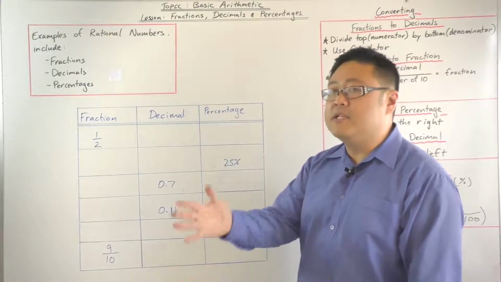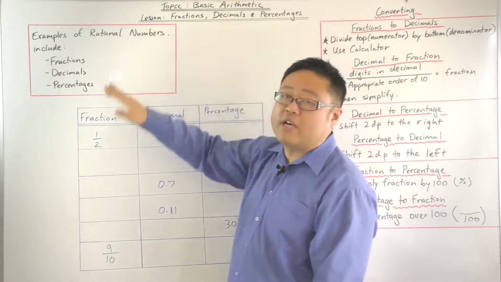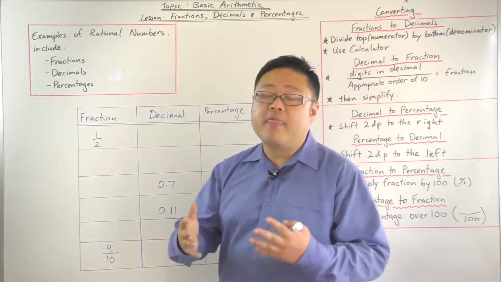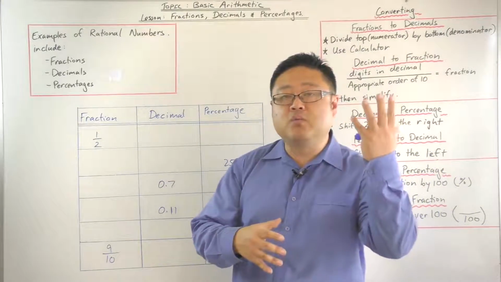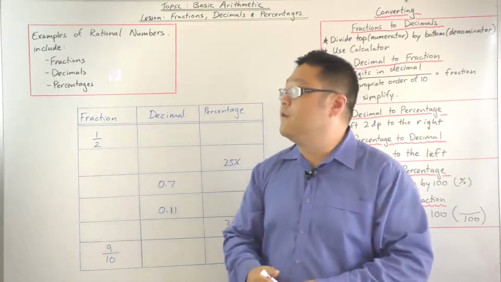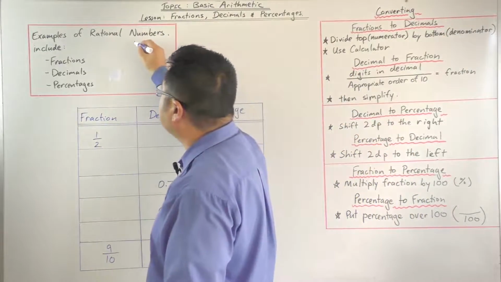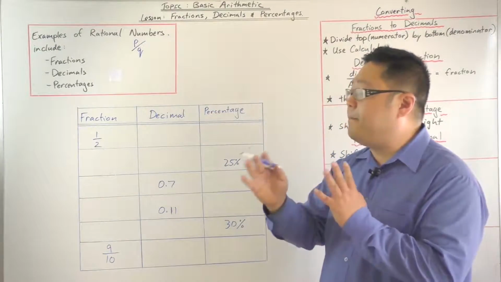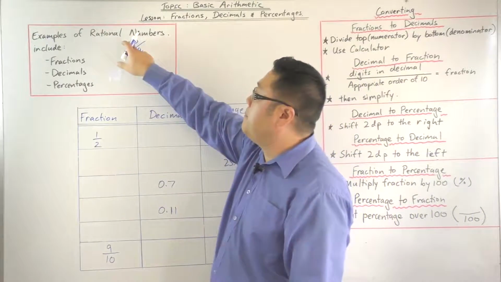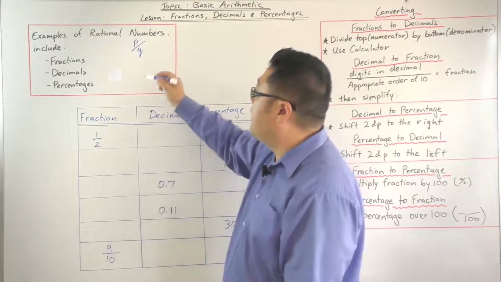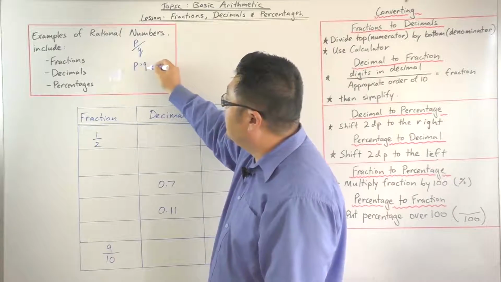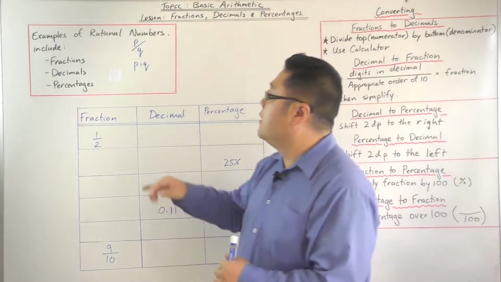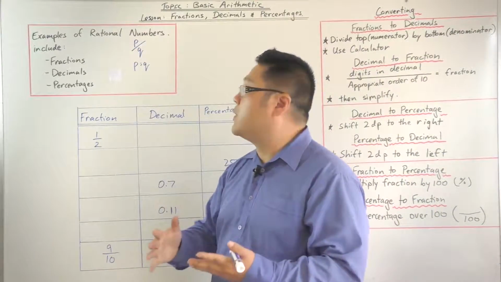Now, let me just take one step back here. What is a rational number? A rational number is basically any number that can be a comparison between two whole numbers. If you've got one whole number P and another whole number Q, and you're comparing those two numbers together, P over Q or P to Q, as a comparison, what you have is what we call a ratio.